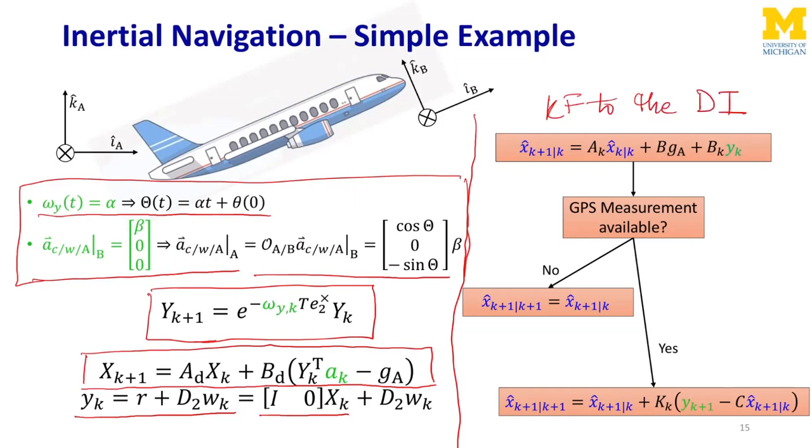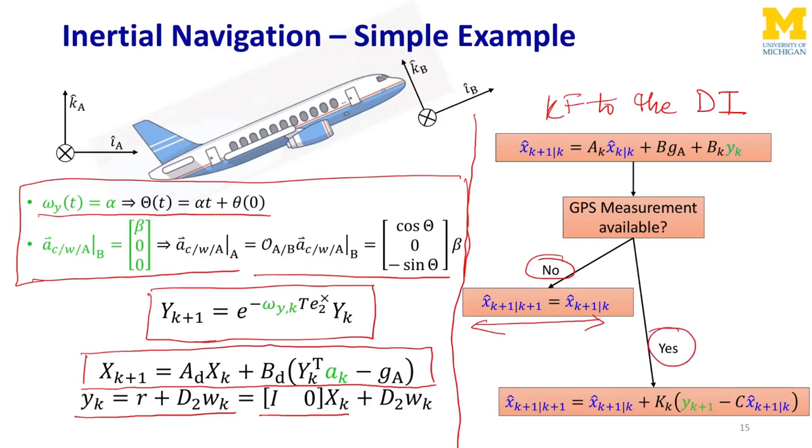Okay, so we have the double integrator equations, and then we propagate these equations at each time step, and then we look at our GPS. If there are no GPS measurements, then we just accept the state update using this equation. Our posterior is equal to prior because there is no measurement.